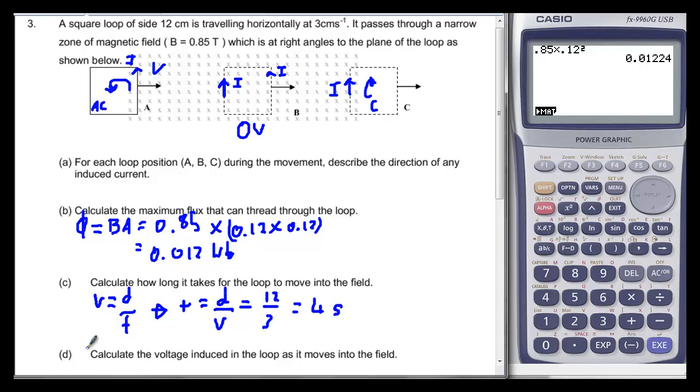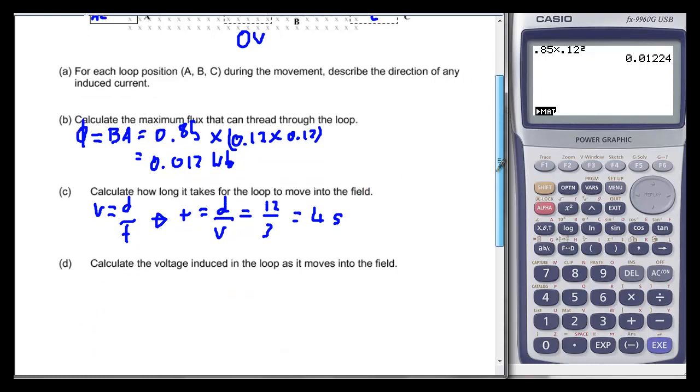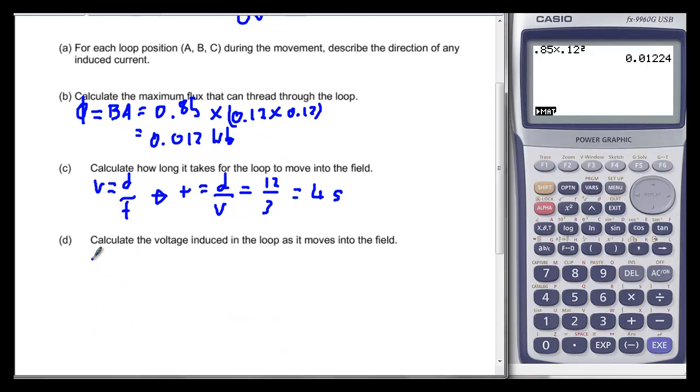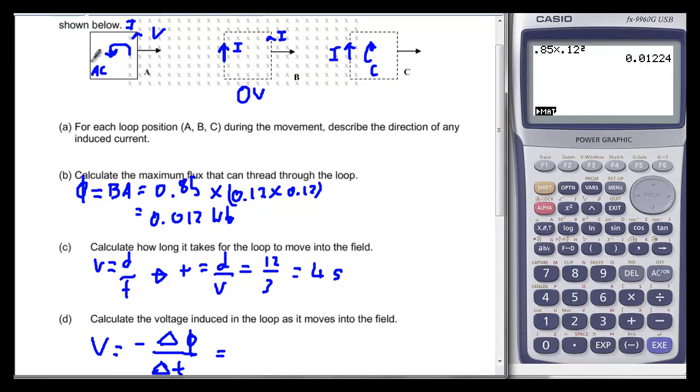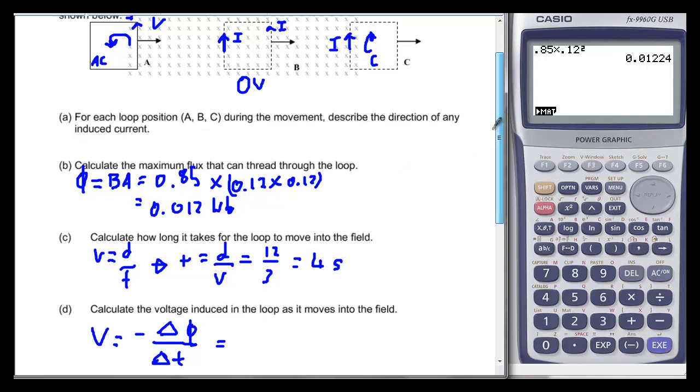For D, calculate the voltage induced in the loop as it moves in the field. So that again is our same old voltage, or electromotive force, equals negative change in magnetic flux divided by the change in time. So what is the change in flux? Well, initially when it's not even in the field, it has no flux, and when it's fully in the field, it has 0.012 Webers of flux.